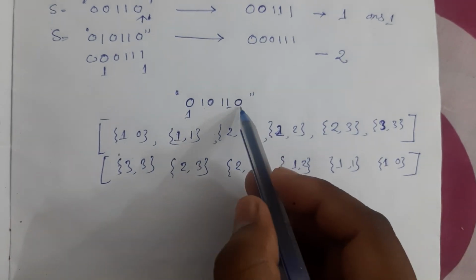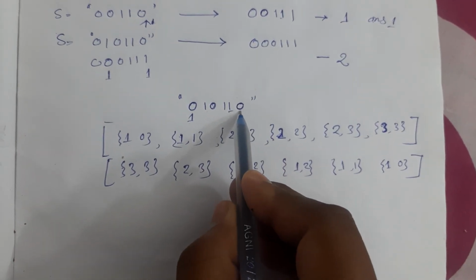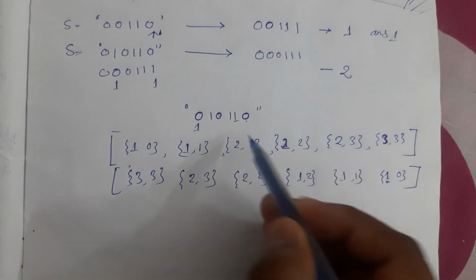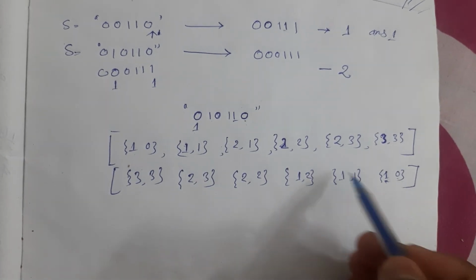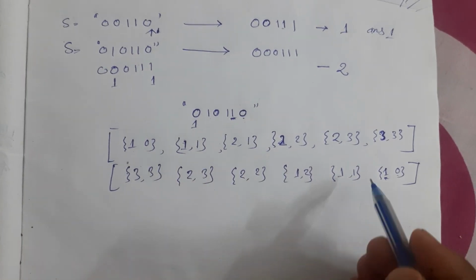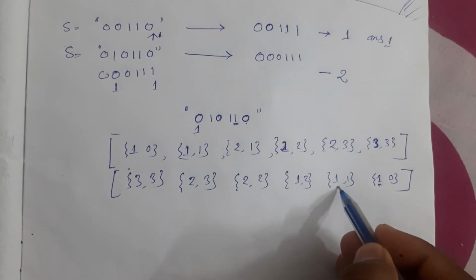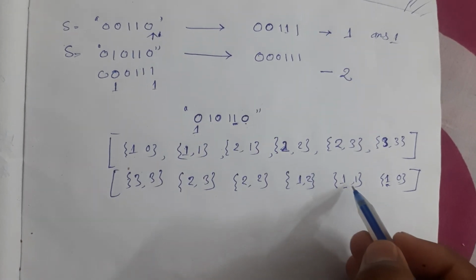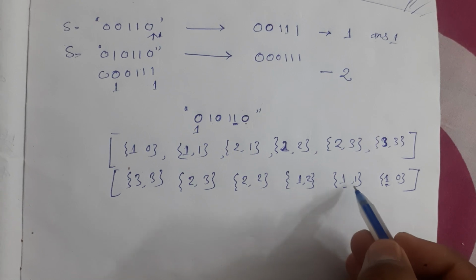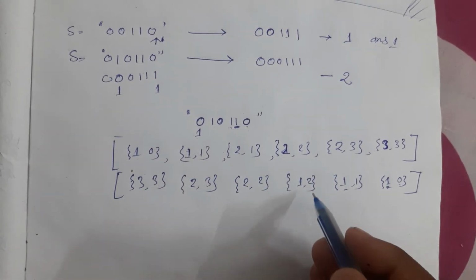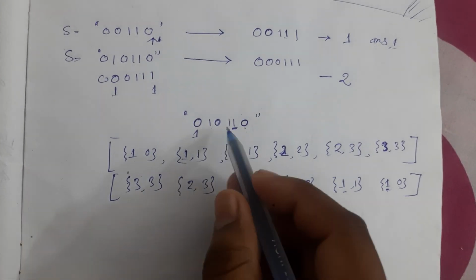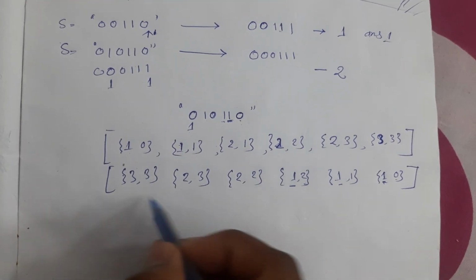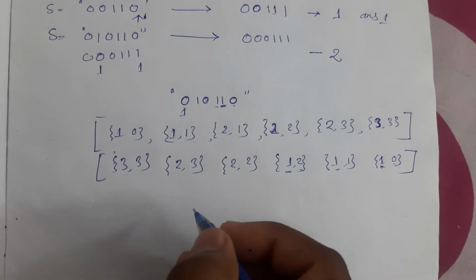So you can see that here the number of 0 is 1 and the number of 1 is 0, and here the number of 1 is 1 and the number of 0 is 1, and the number of 1 is also 1. Here the number of 0 is 1 and the number of 1 is 2. This way I have written down the back array.